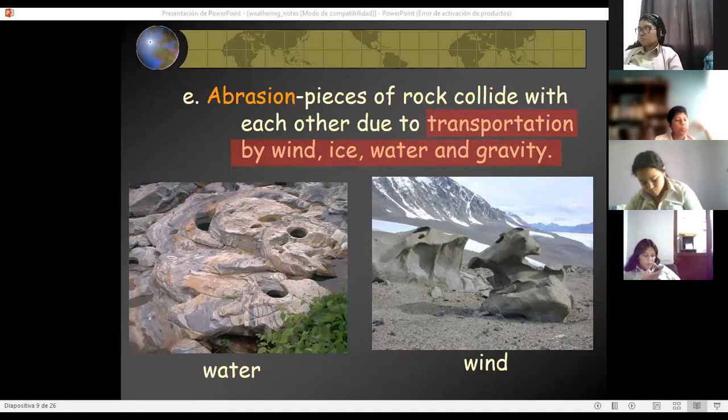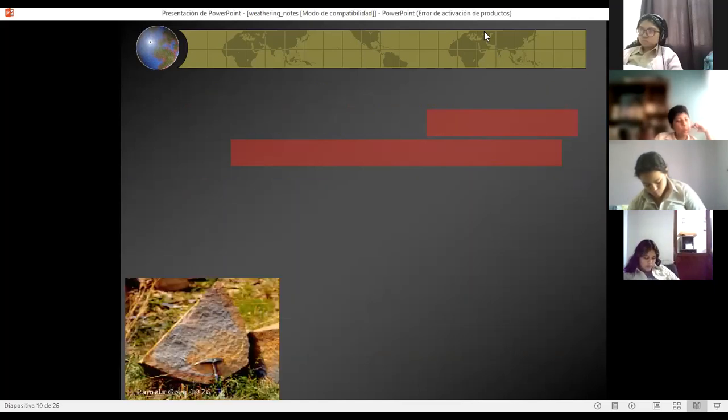And that is how abrasion changes the composition of rocks, or abrasion produces changes in the rocks. Look, this is the example of abrasion. So let me continue. Let me erase that. Perfect.